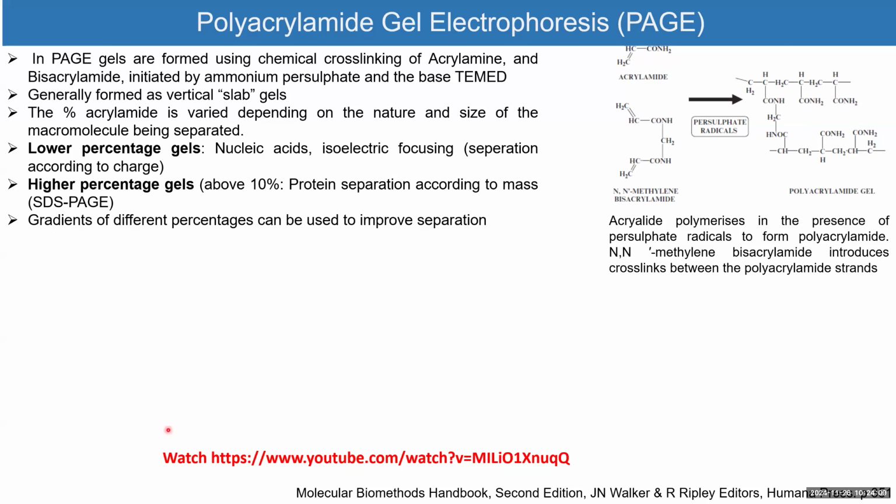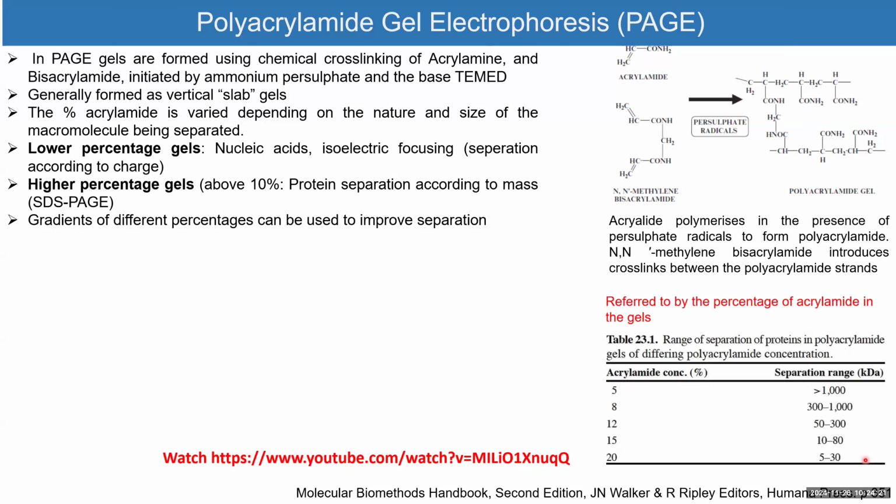Also, I noticed that the YouTube video that I gave you was in the first session where we discussed the proteins, so I'm posting it back here for those who are still behind. Here you can see the percentages. It's clear in the table. The higher the percentage, the more resolution you can get for the protein.